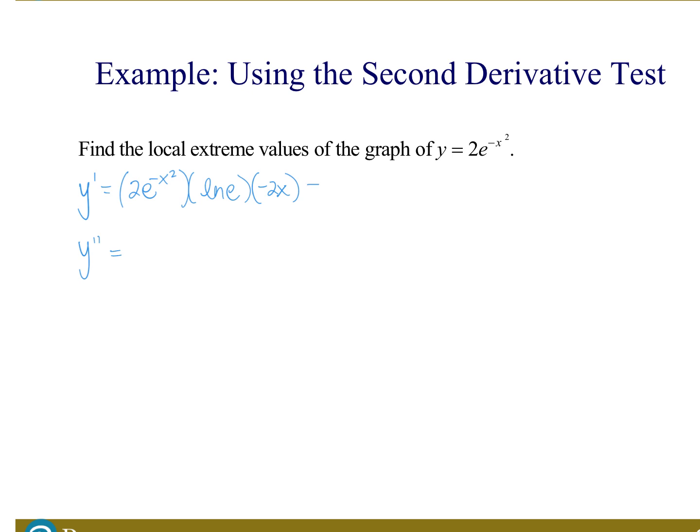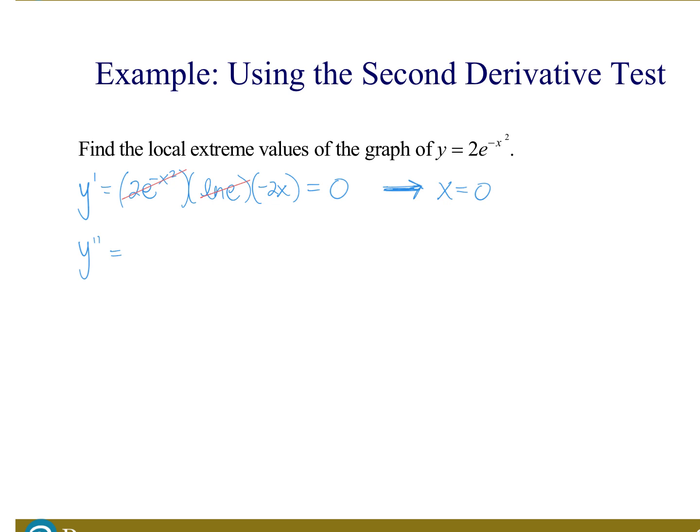We're going to set that equal to 0. Of course, ln e is never equal to 0. Negative x squared is never equal to 0 either, because it's an exponential, and exponentials never touch the x-axis. So the only thing that might be equal to 0 is negative 2x, so that tells us the only possible candidate is x equals 0.